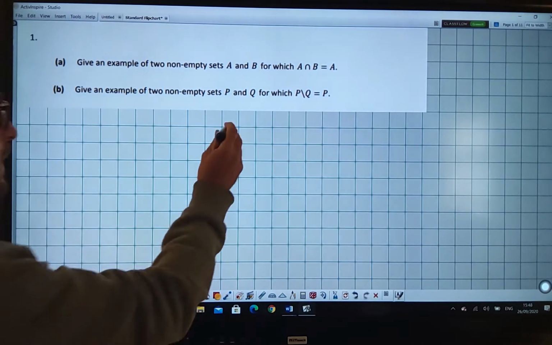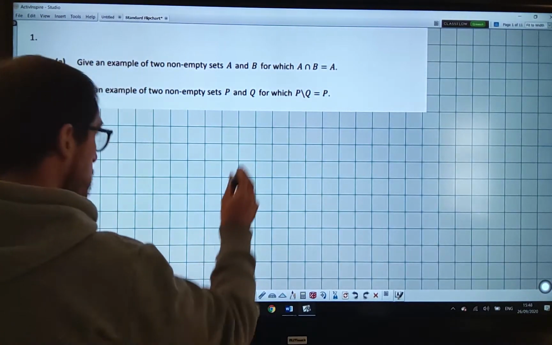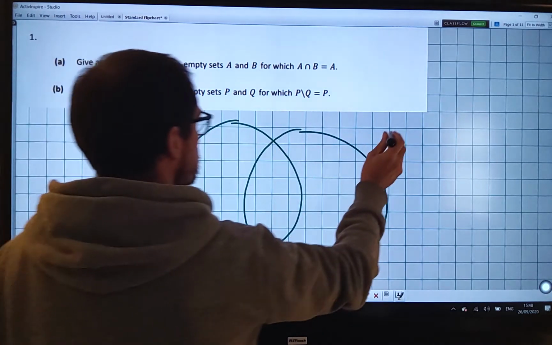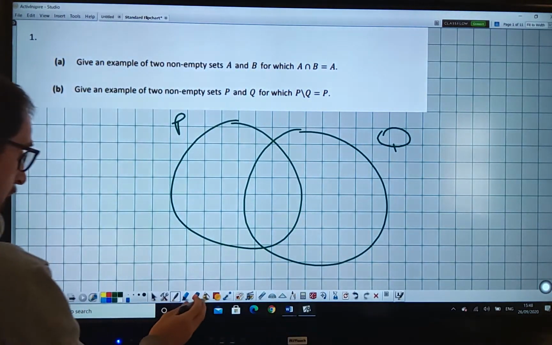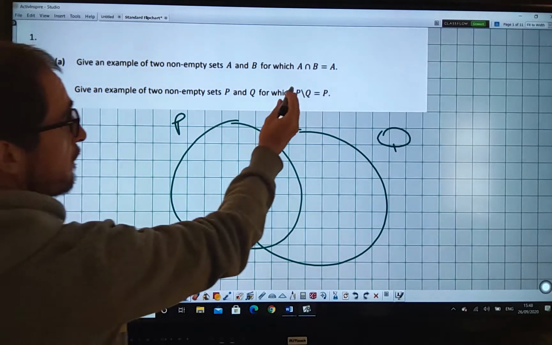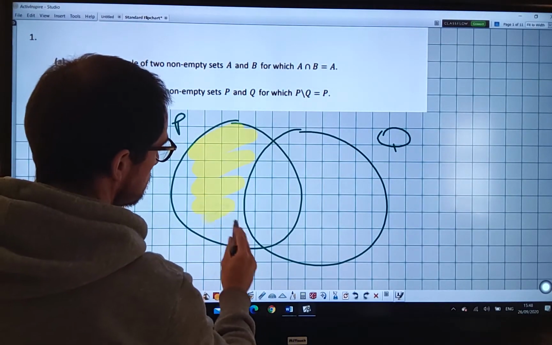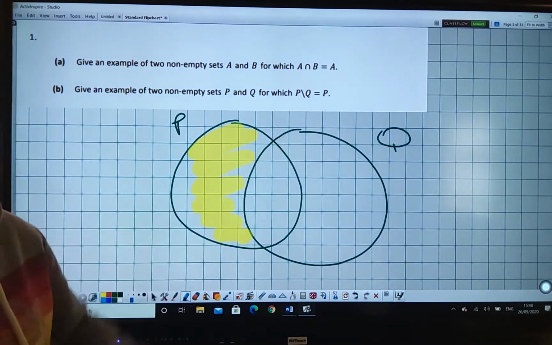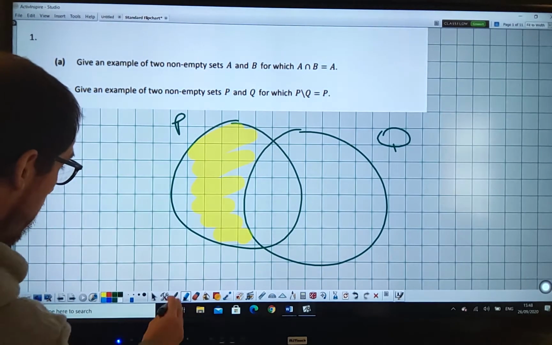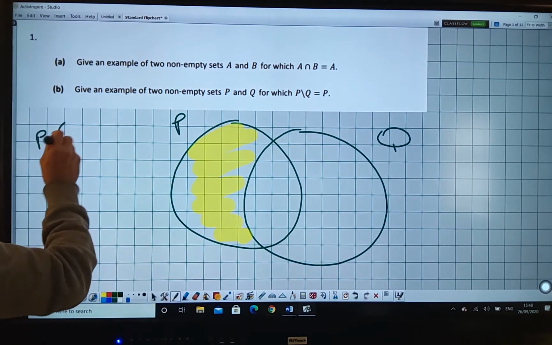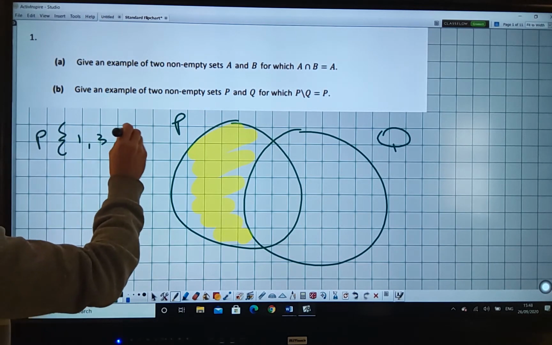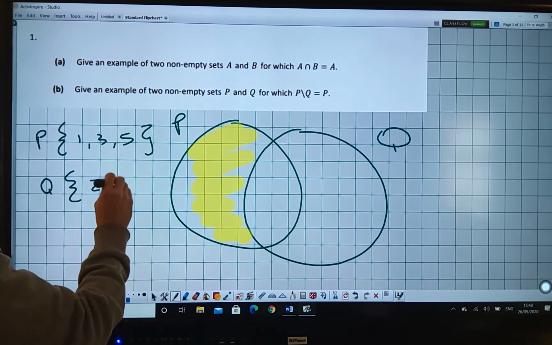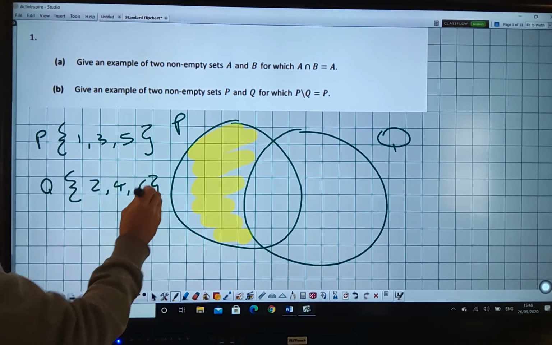Now for this one here, P without Q. So you've got P and you've got Q, and so P without Q is this here. So basically you just want P that has nothing in Q. So you could pick P as 1, 3, 5 and Q is 2, 4 and 6.